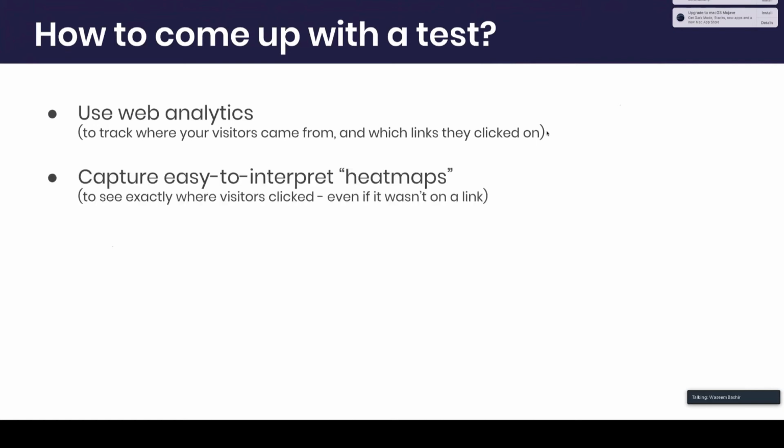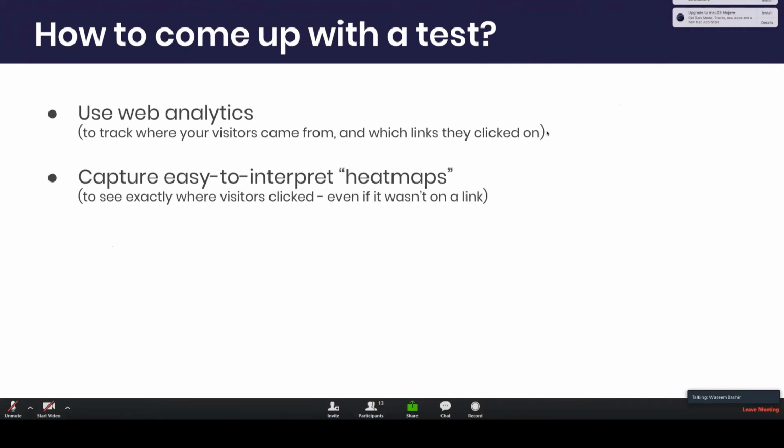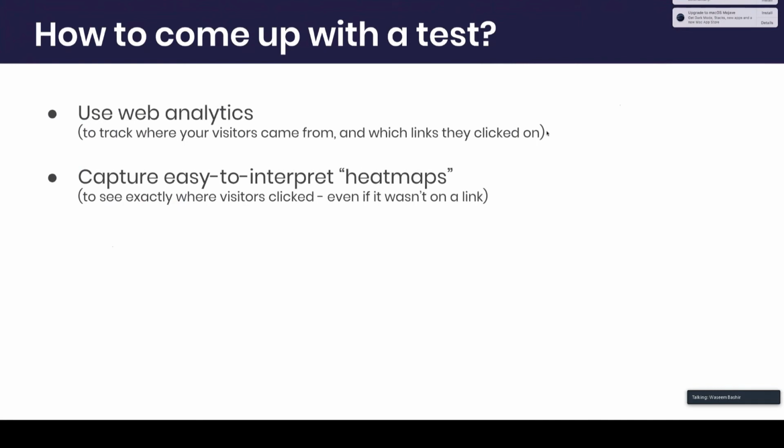And the other way is to come up with an interpretation of heat maps. This is what we've been using for quite a few of our clients, especially for Amati and Viscore, where we noticed people were clicking on things which were not actually links. That meant to us there was not enough information, so we ran a heat map test for about 15, 20 days, where we had 1,000 clicks.